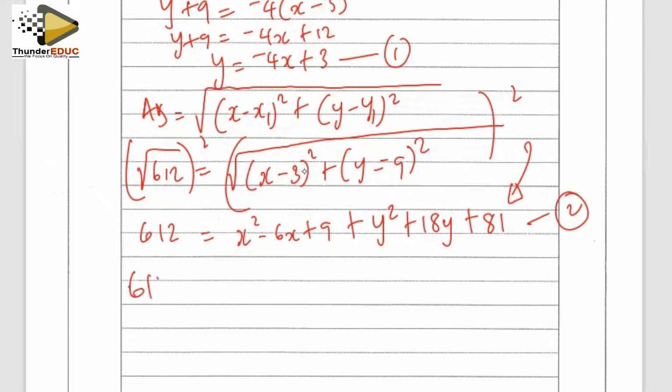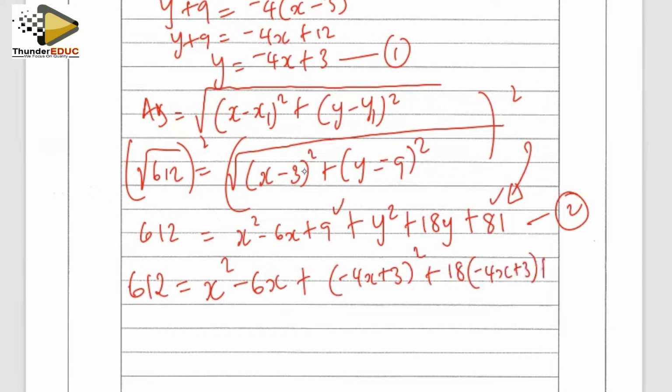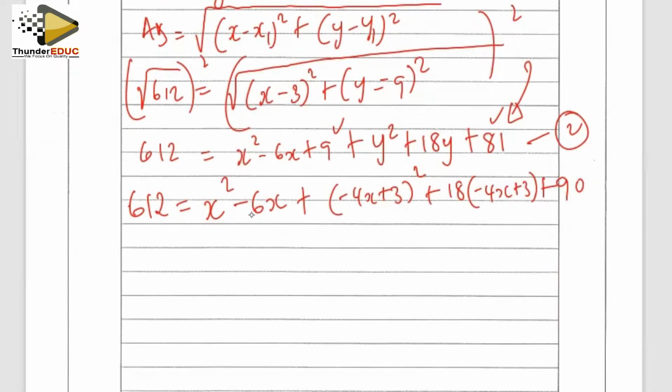So 612 is equal to X squared minus 6X. This and this is going to give us a 90. We have -4X plus 3, we're squaring that, plus 18 times -4X plus 3. Let's move everything to one side as we simplify. So X squared minus 6X, opening this up, I'll have 16X squared.